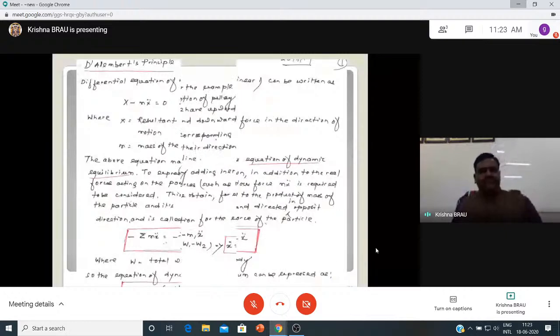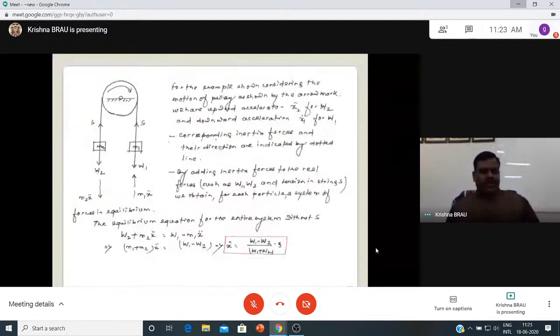Now let us consider a pulley, with weights W1 and W2 acting with the two masses. A fixed pulley, two masses, mass M1 and mass M2, weights acting downwards, W1 and W2.